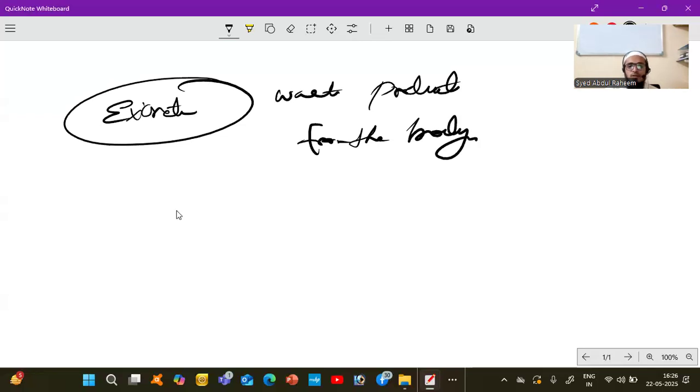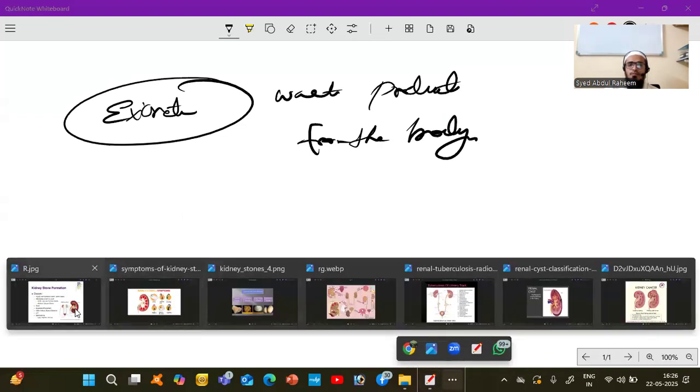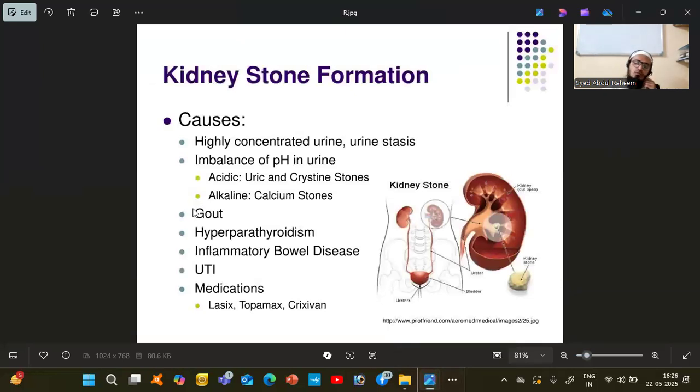So what are the important pathologies? Basically, the most common disease of the kidney is kidney stone. We all know that kidney stones are the most common disease nowadays because of urea based products we are using.